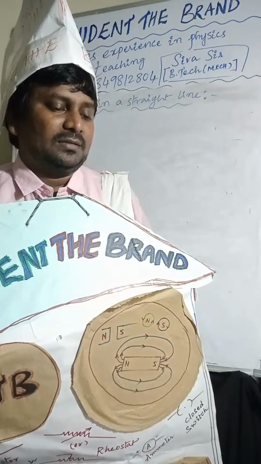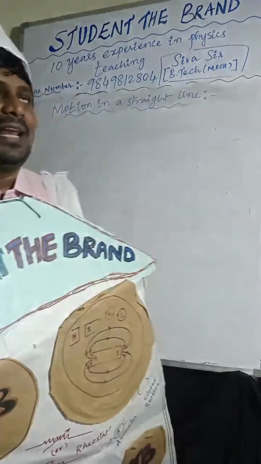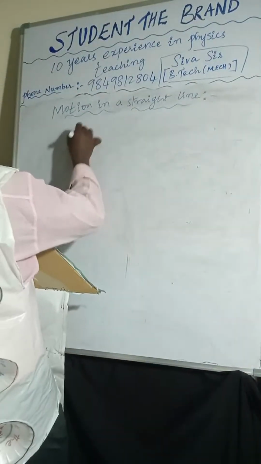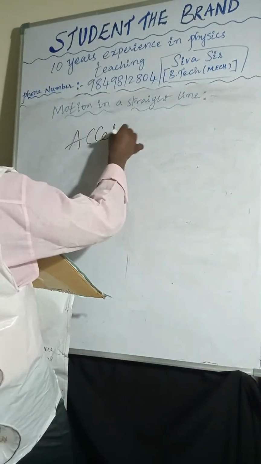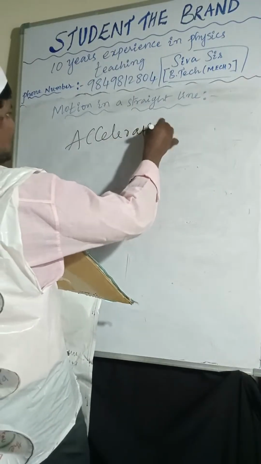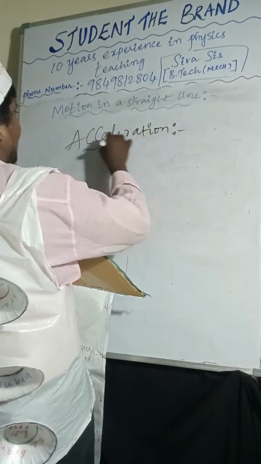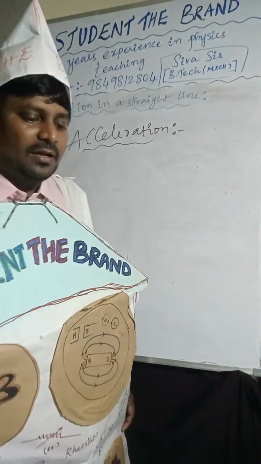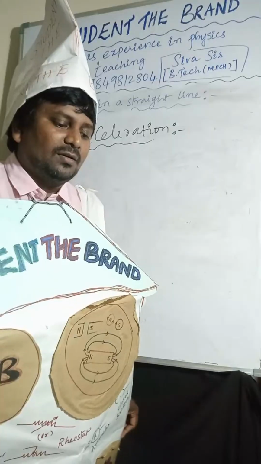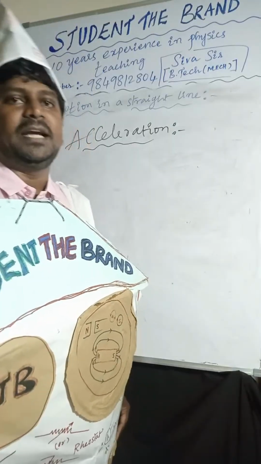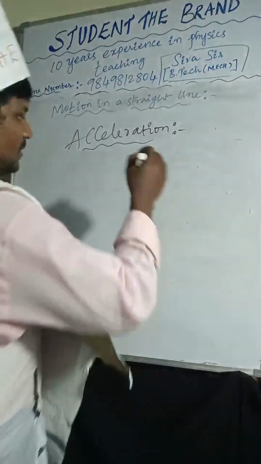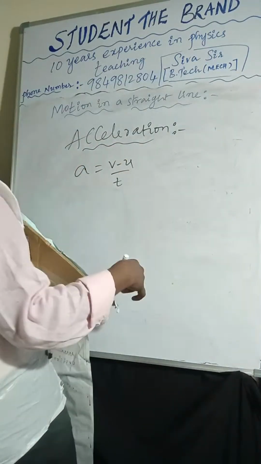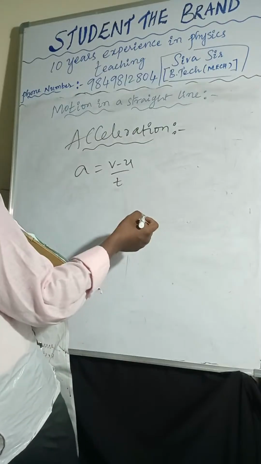This is about speed and velocity. Coming to acceleration. Problems we'll do tomorrow. Acceleration is nothing but change in velocity by time taken, equal to v minus u by t.